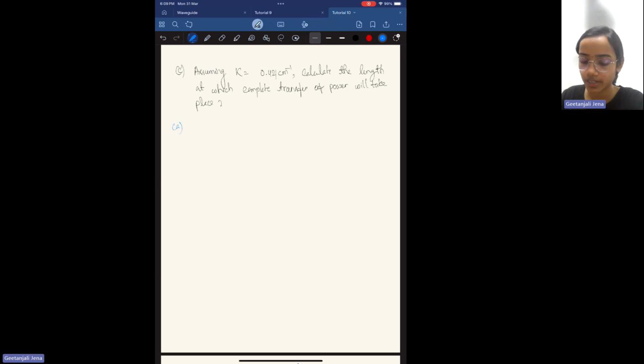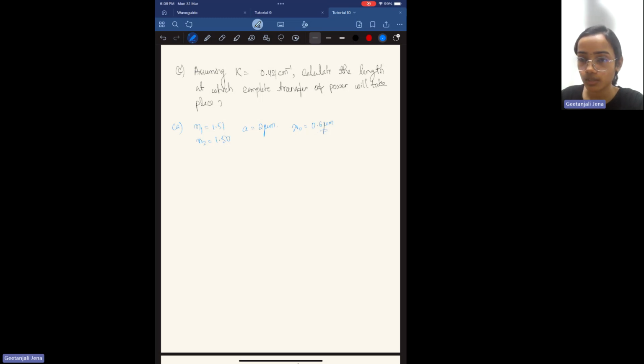The refractive indices of the core and the cladding are given, n1 is 1.51 and n2 is 1.50, and the core radius is 2 micrometer. The question asks about the total number of modes supported by such a waveguide at lambda 0.6 micrometer.